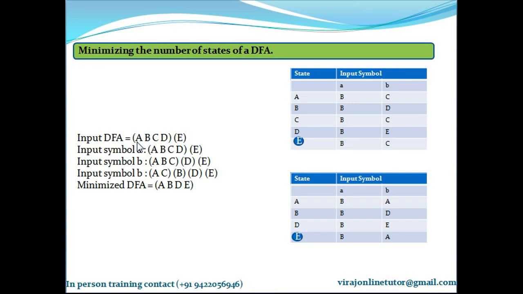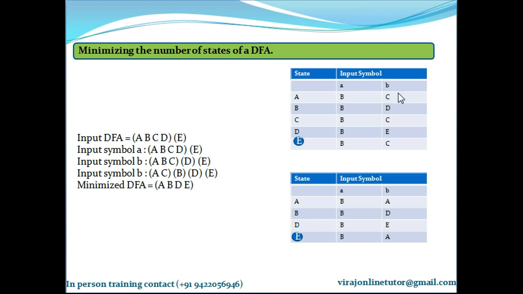If the target state to which this state goes on an input symbol belongs to the same group, we do not have to divide it further. I repeat, if a state on an input symbol goes to a state in the same group, then this group doesn't get divided because of that particular use case. So capital A on small a goes to B, which is in the same group. So no operation.